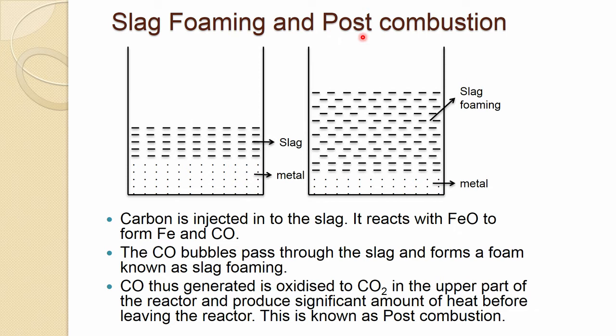So, here we are, that usually in the smelting reactor, as you know, most of the reduction occurs in the liquid stage. So, you have a solid iron which is fed in, and you have a slag metal. Slag has quite a high percentage of iron oxide. So, carbon is injected into the slag and it reacts with FeO to form Fe plus CO, that we had seen before in the reaction.